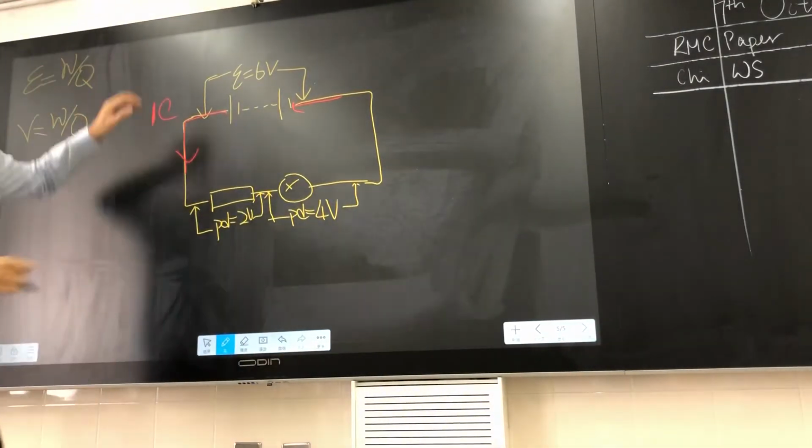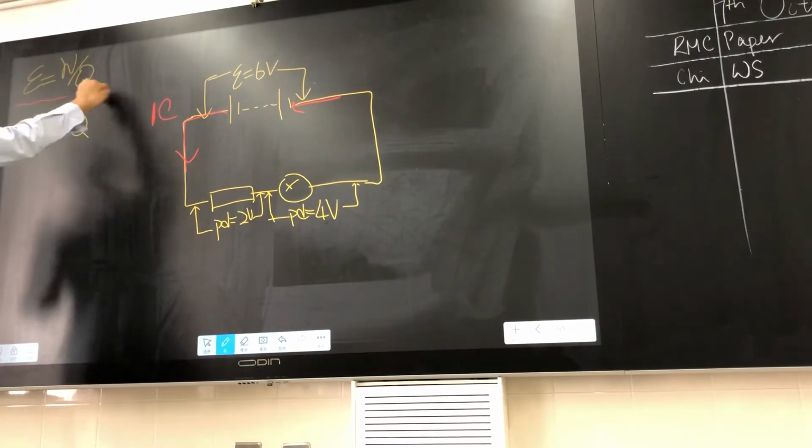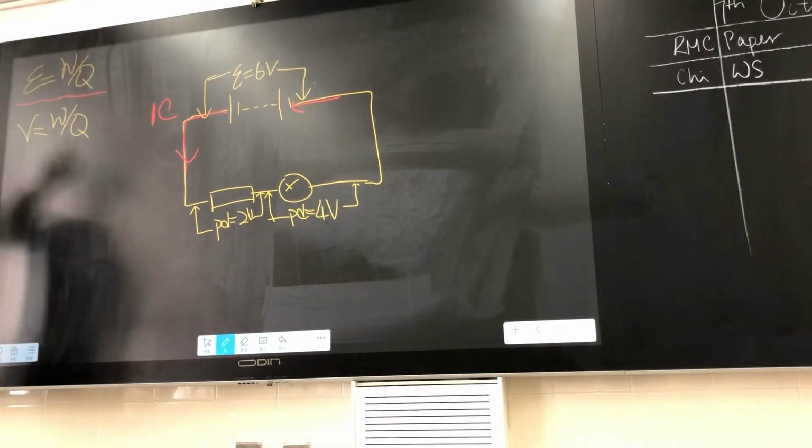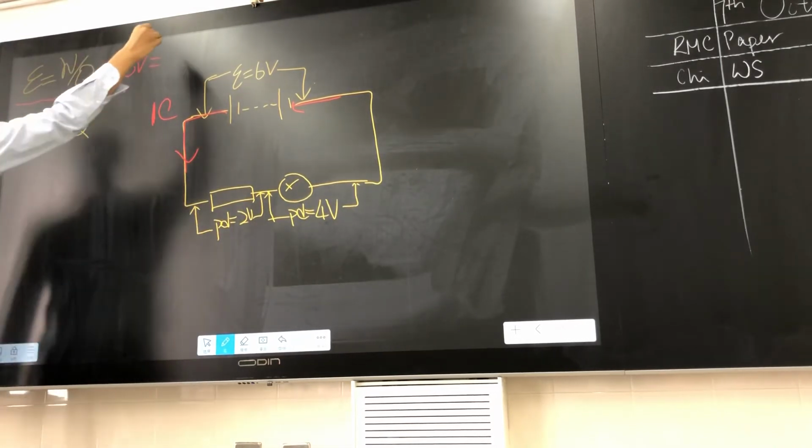Then you can use this equation, right? So it is 6V. This W is energy.